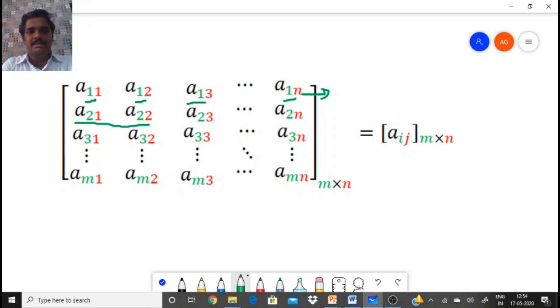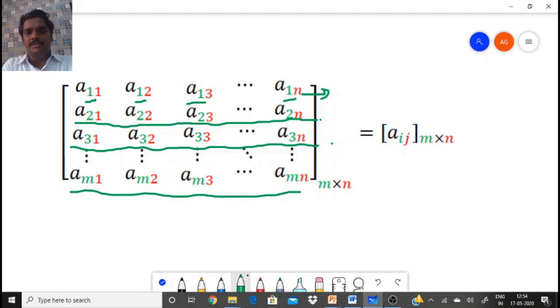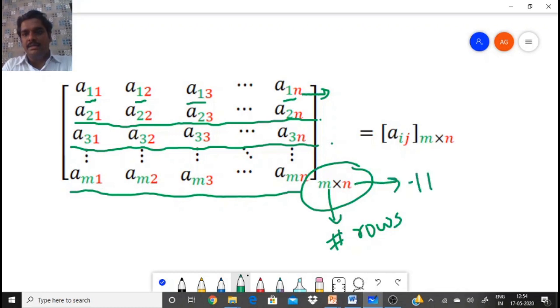This is your second row. This is your third row, and like that if we go, we will get m rows because the order of the matrix is m by n. Here m is the number of rows and this n is the number of columns.